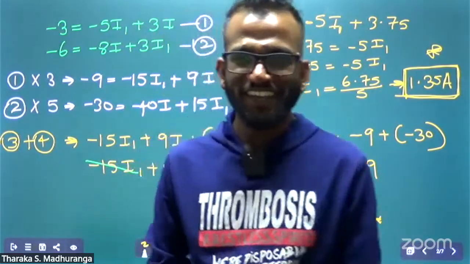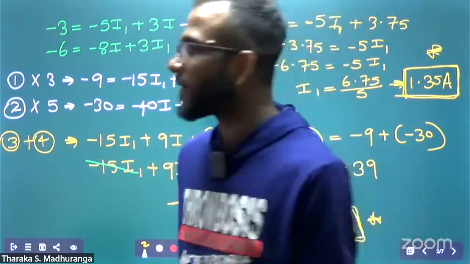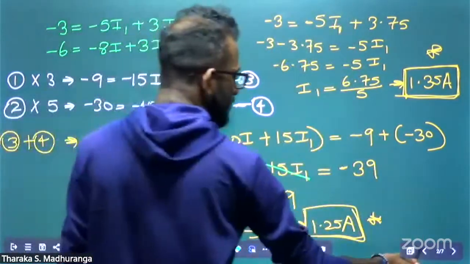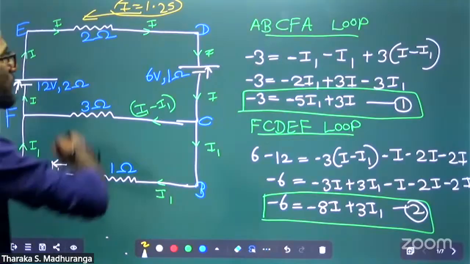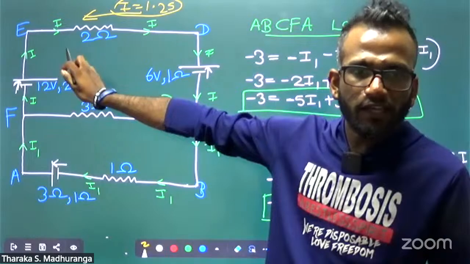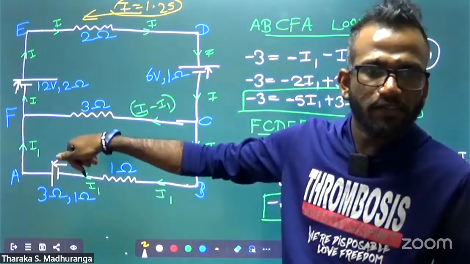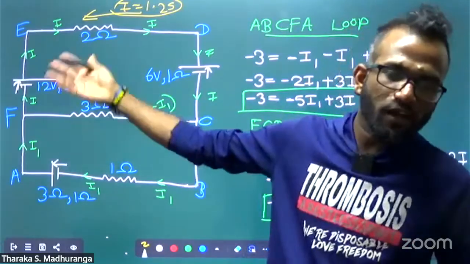Without simultaneous equations, can we get the full circuit by not considering the middle part? No, Arshad, how can we? If you take the full circuit equation, this part has current I and this part has current I1. That's a problem. That's why you need to go for simultaneous equations, with two unknown factors.